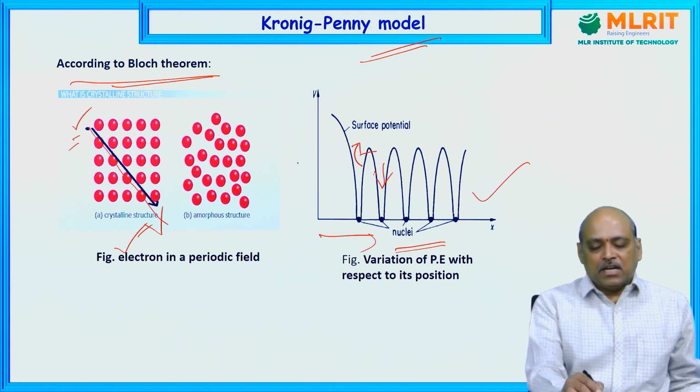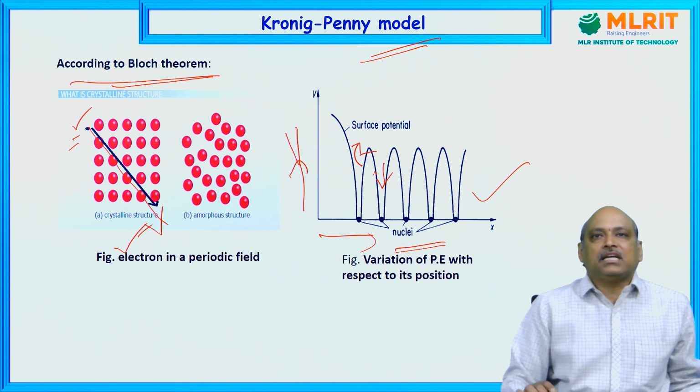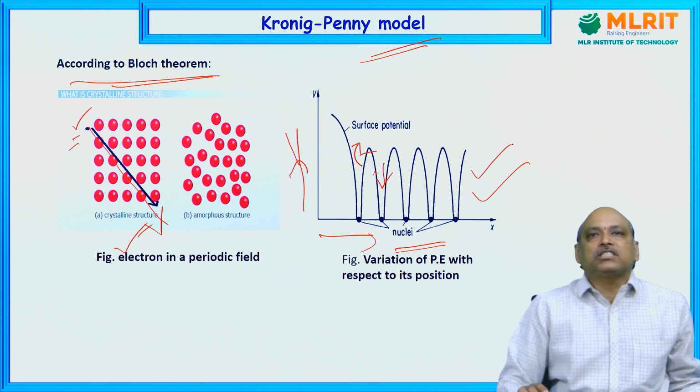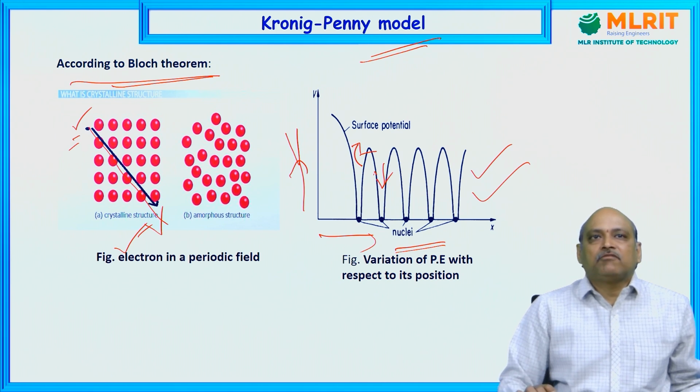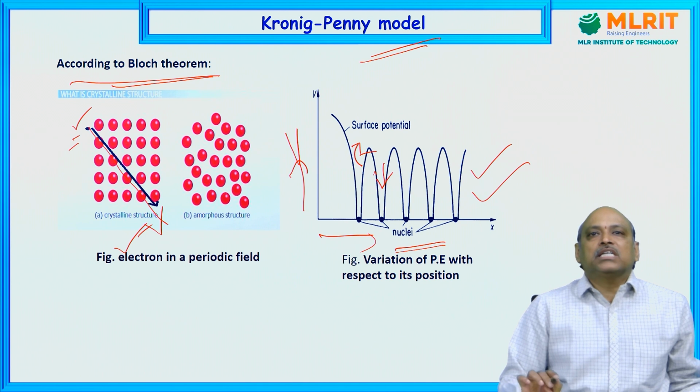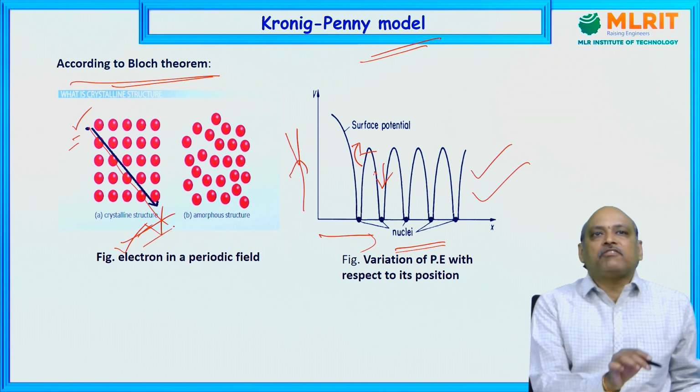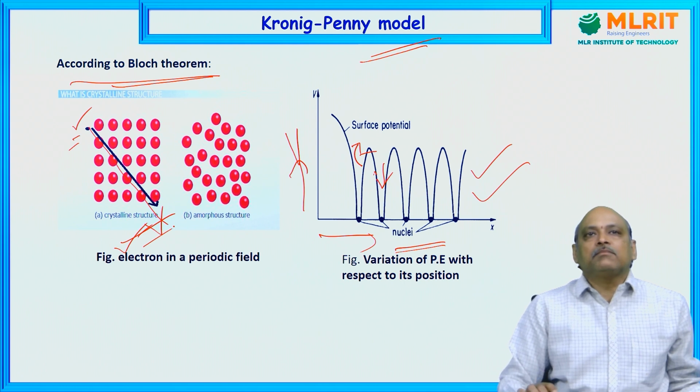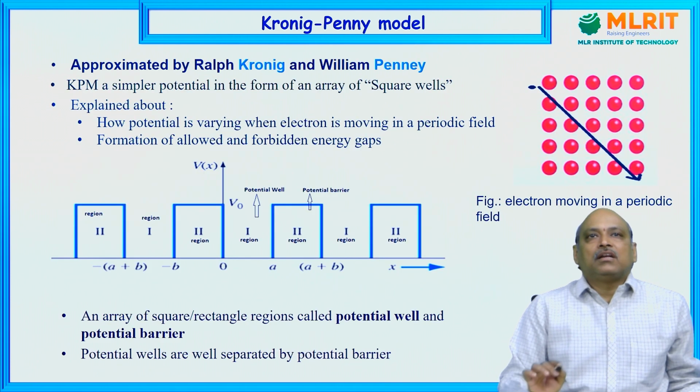If you take the potential energy on the y-axis, according to the Bloch theorem it varies like this. But unlike this form, how the potential energy varies according to the Kronig-Penney model when the electron is moving in a periodic field, we are now going to see. It is the revised theory about the variation of potential energy of an electron moving in a periodic field.